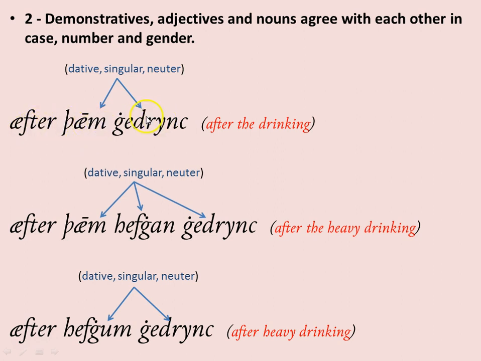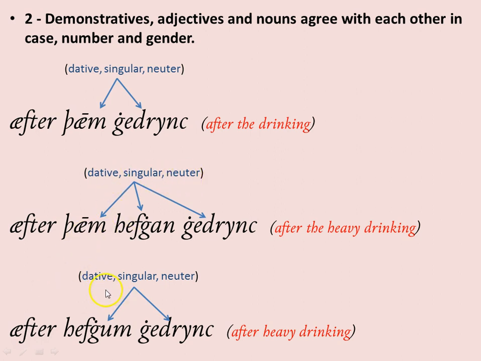So after the drinking. Over here, after tham hefigan gedrunce, after the heavy drinking. Notice these three words here, the, heavy, drinking, are in the dative case, singular in number, and neuter. Okay, so case, number, and gender.